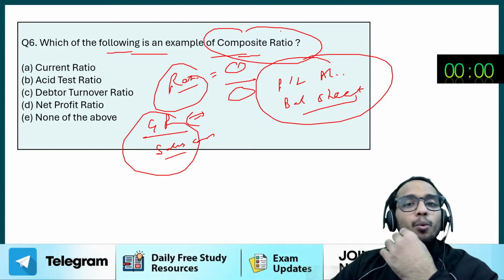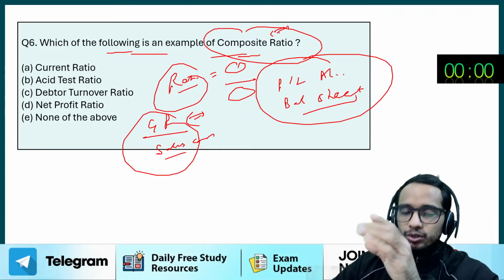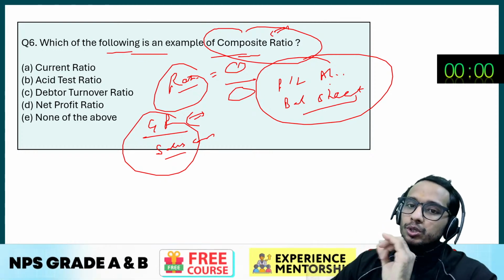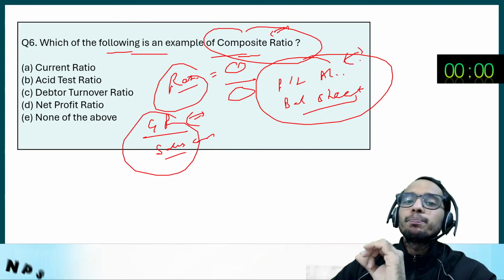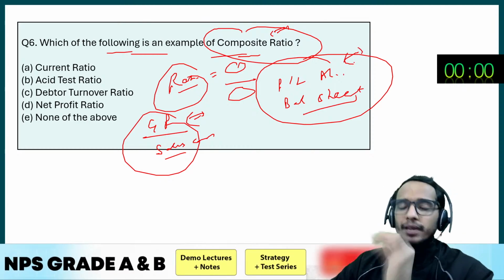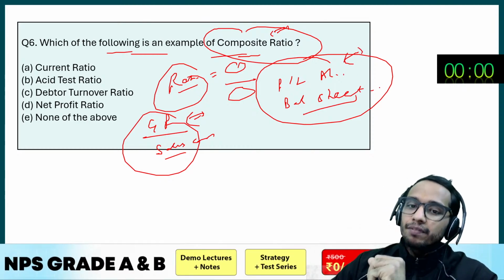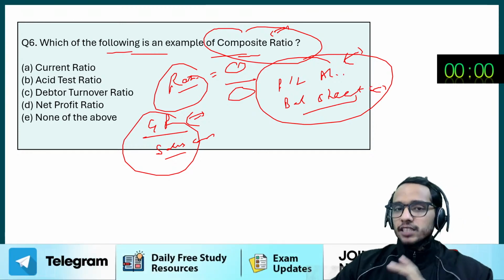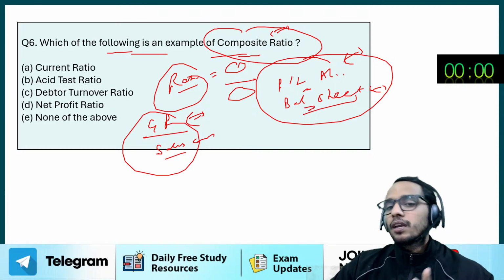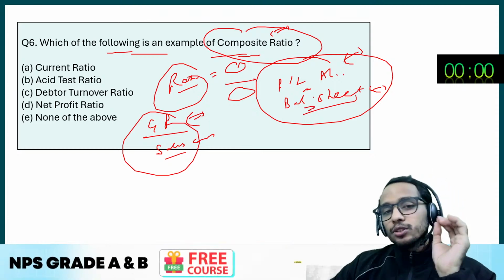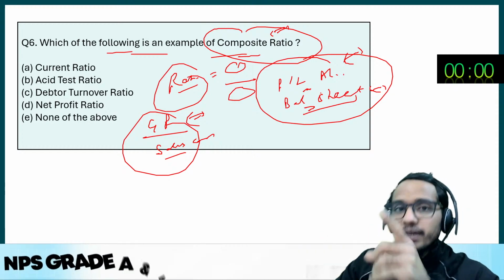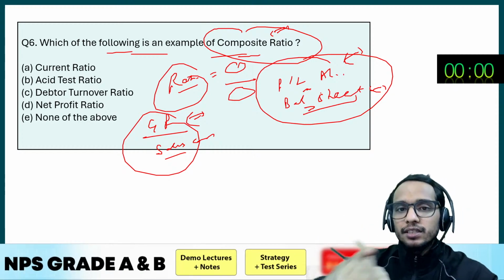Now when we talk about composite ratio, it means that one element of this ratio you are picking from the P&L account, and another variable you are taking from the balance sheet. So you are basically using both of these financial statements. Okay? So in any ratio, if one variable is from the P&L account and another variable is from the balance sheet, then you call it composite ratio.